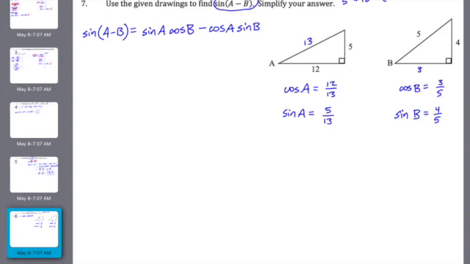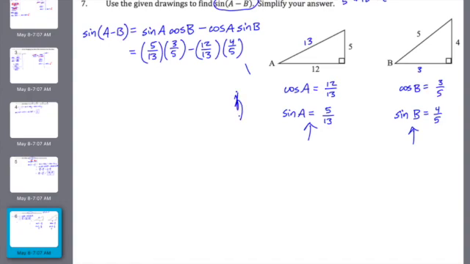So we're just going to replace the sine of a with 5/13. And we're going to do that with all of these fractions. The cosine of b is 3/5, minus the cosine of a, which is 12/13, times the sine of b, which is 4/5. So that's what these triangles helped us do. They helped us figure out what the values of each of those trig expressions are so that we can just replace those fractions with the trig ratios.